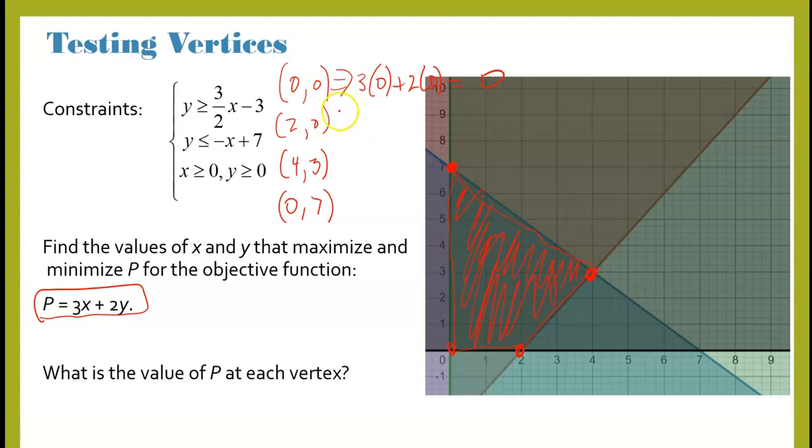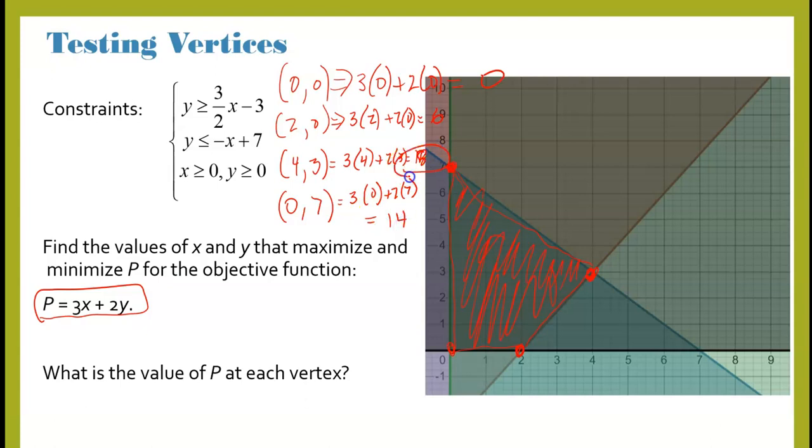This is 3 times 2 plus 2 times 0, which is 6. This is 3 times 4 plus 2 times 3, which is 18. And this is 3 times 0 plus 2 times 7, which is 14.